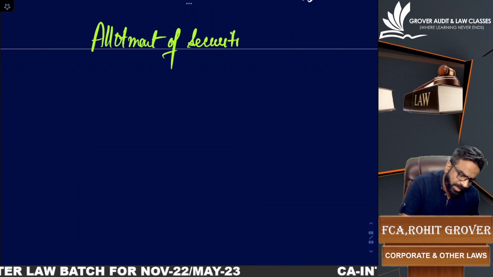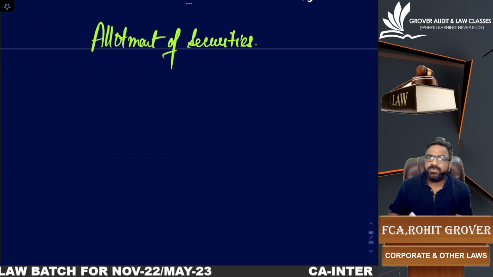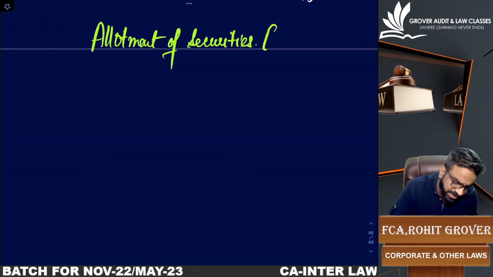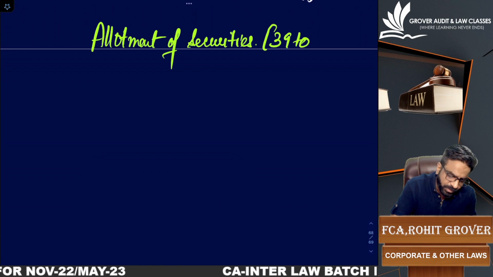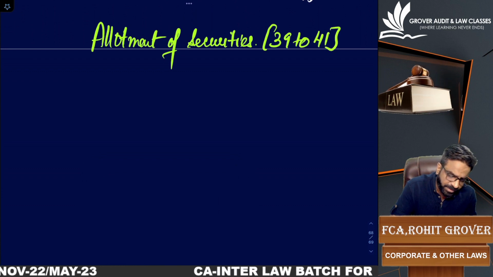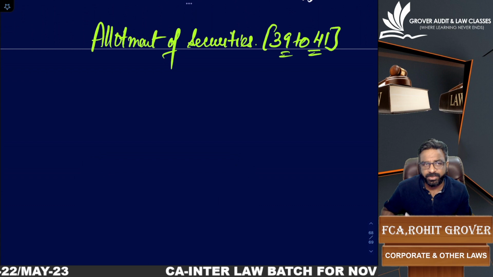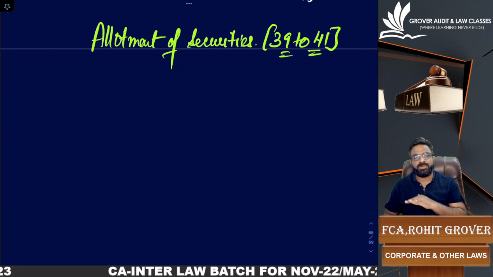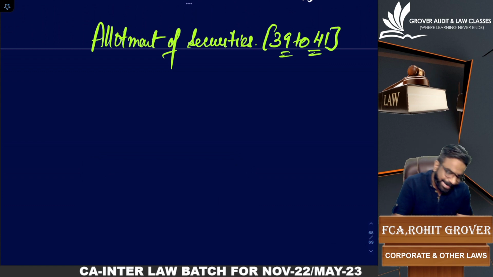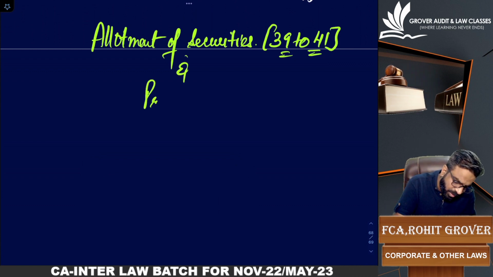Now, when we talk about the allotment of securities, we have to do three sections, section number 39 to section number 41. Section number 39 to 41 talks about allotment. And we are also going to talk about what?